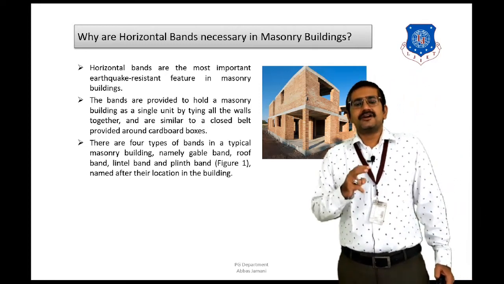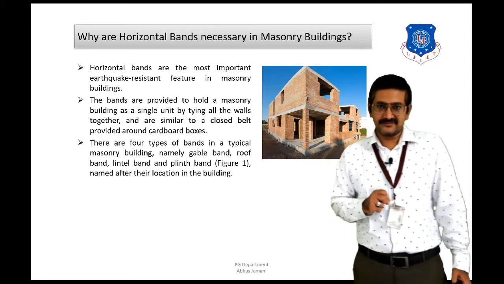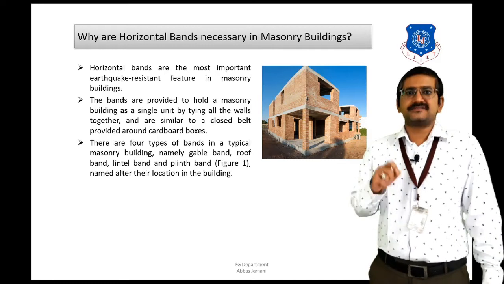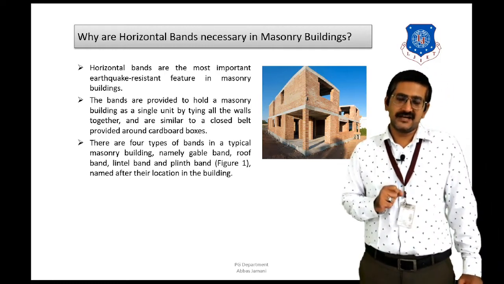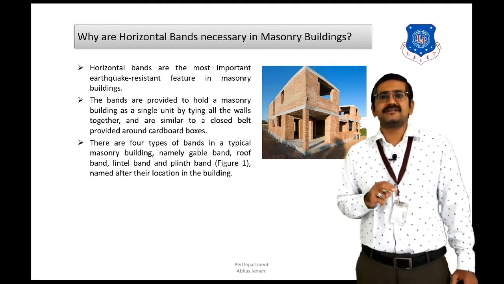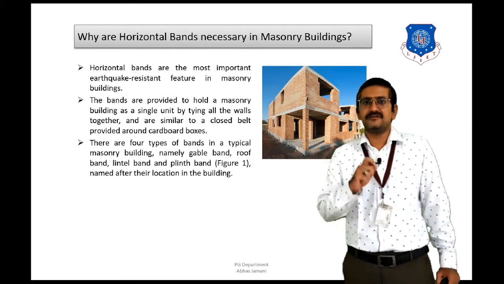To achieve this good performance, we discussed two prerequisites. First was the box section in the building, that is, the entire unit should act as a single unit. And the second criterion was the location of the openings in the building, that is, the location of doors and windows.